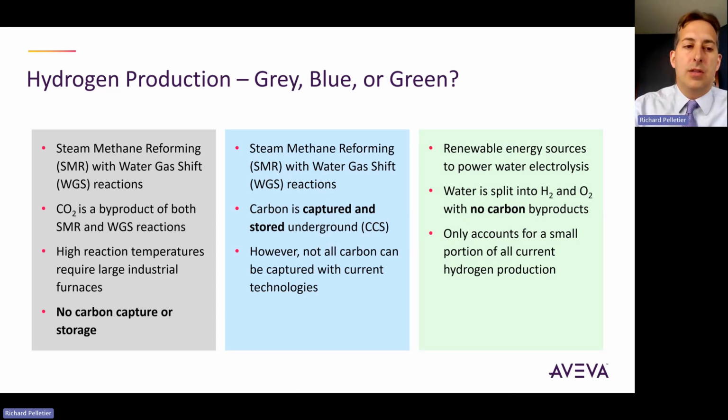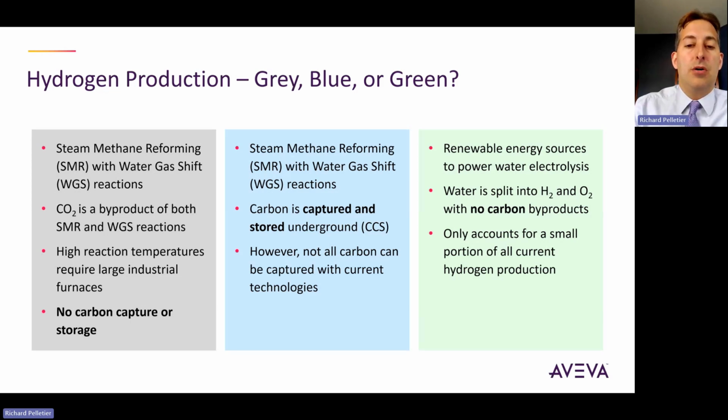This is usually done with steam methane reforming, water gas shift reactions, stuff like that. This is not a clean process, not at all. All right, and so this is something that's starting to become phased out, and it's starting to be replaced with alternative approaches that are cleaner and/or renewable.